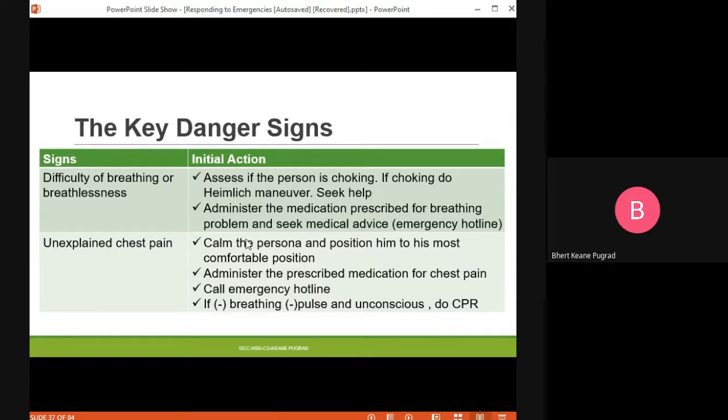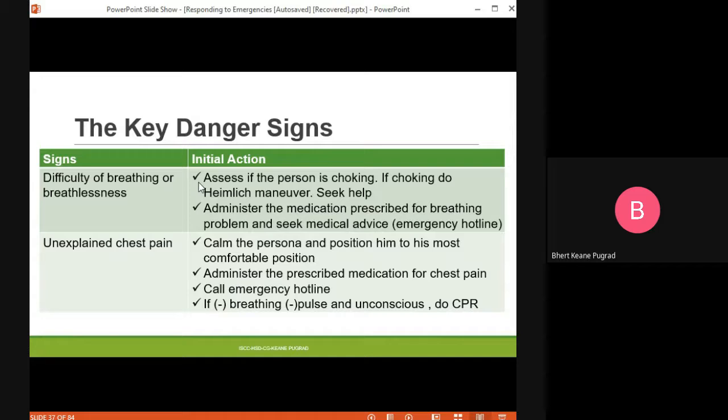So may mga situations wherein the patient will experience exacerbation of his or her symptoms, exacerbation of his or her condition. And one of the signs and symptoms of an asthma attack or exacerbation of COPD is breathing difficulty. So kapag may mga cases na ganun, we look into the medical record, or we should be familiar with the history of our patient and know what emergency medications need to be administered.